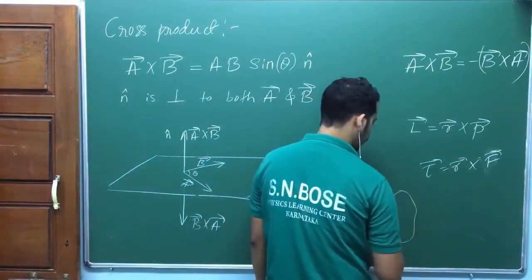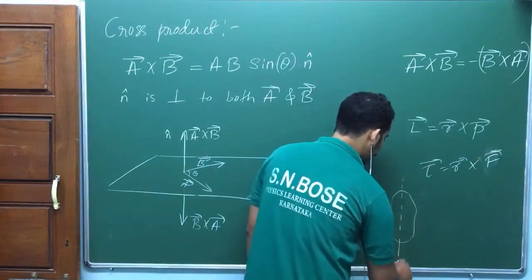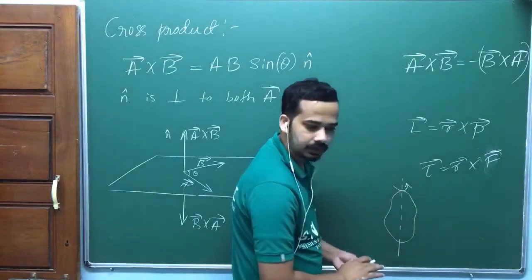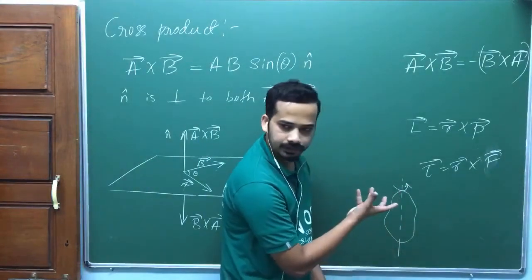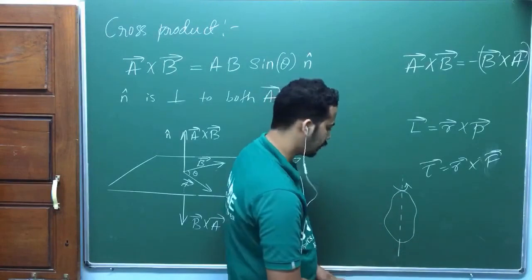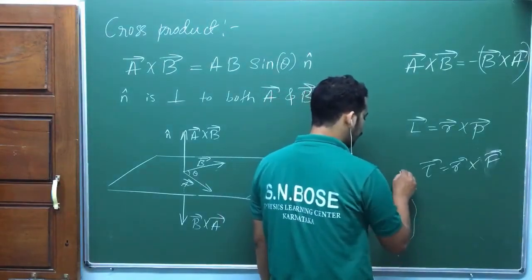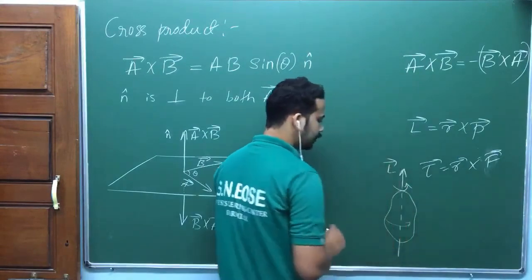You have a rigid body rotating about this axis. Let me take the anti-clockwise direction. Then its angular momentum will be in this direction, the L vector.